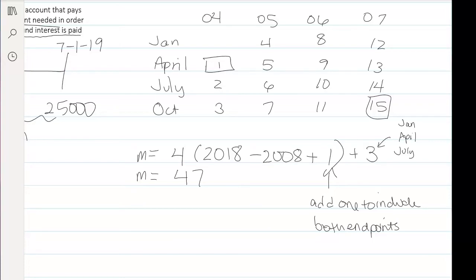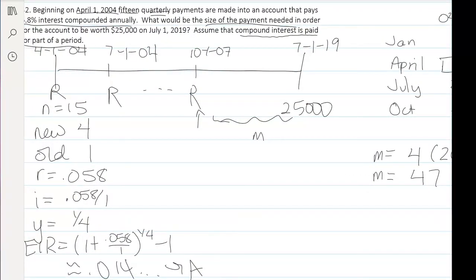Okay, so now that we have M, it's 47, we know N, we're ready. With this one, because it's so big and it's at the end, we know it's S15 for annuity due, and that's going to be equal to our $25,000.